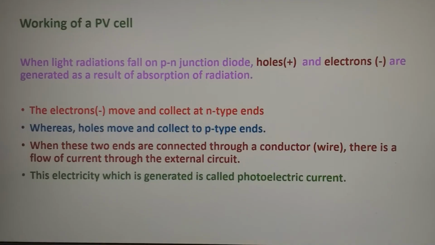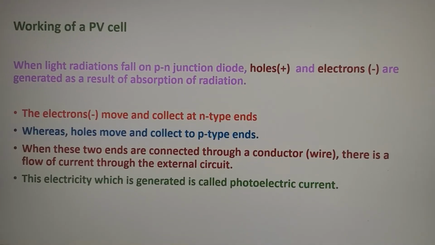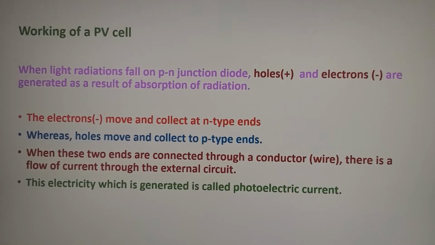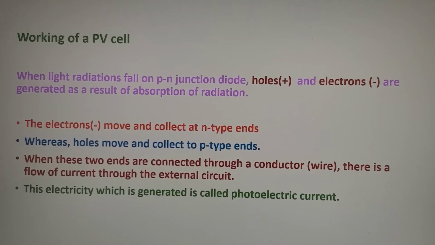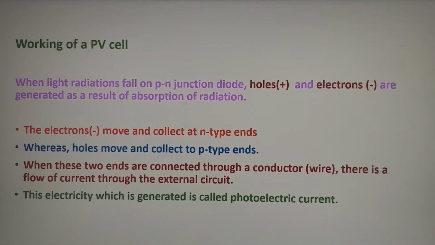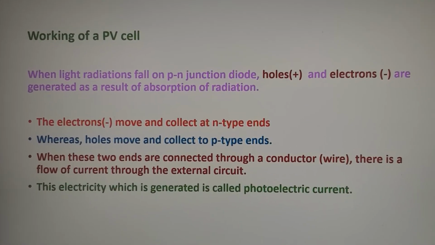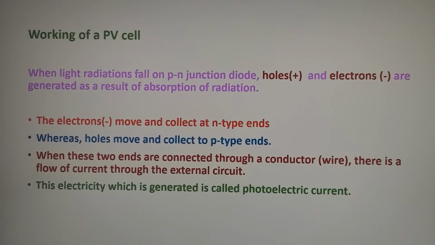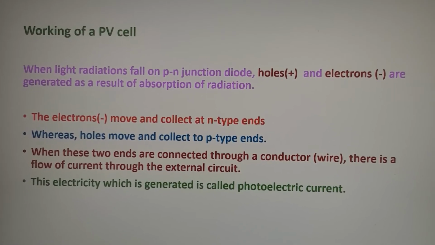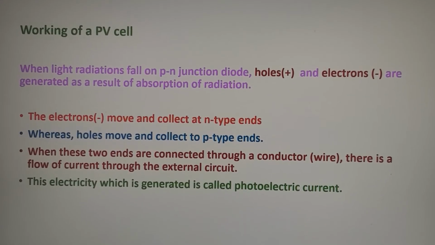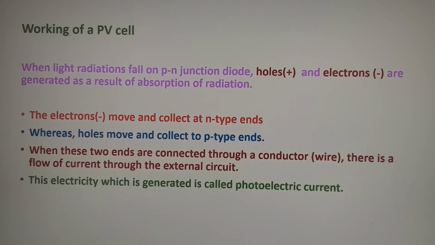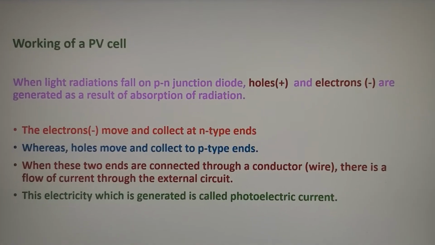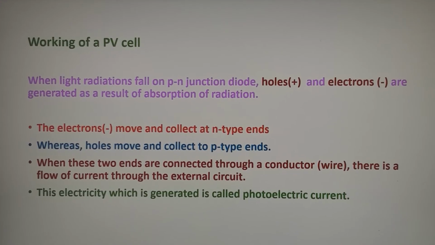The electrons move and collect at the N-type end, whereas the holes move and collect at the P-type end. When these two N-type and P-type ends are connected using an external wire, there is a flow of current through the external circuit. The electricity which is generated is called photoelectric current.